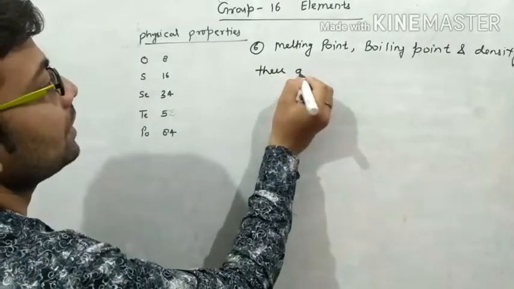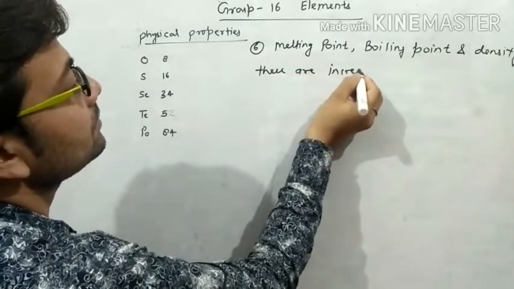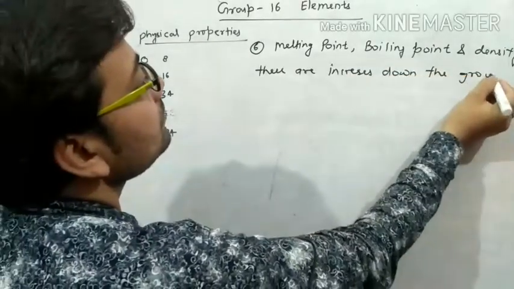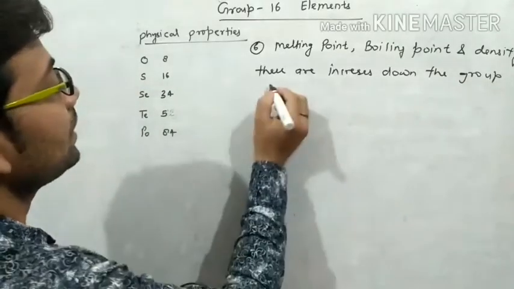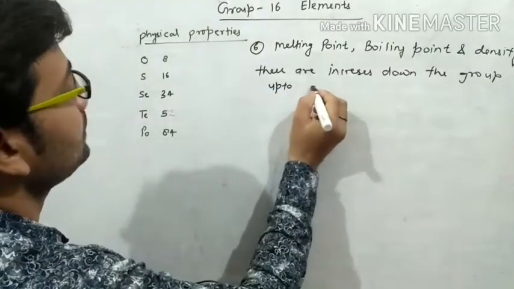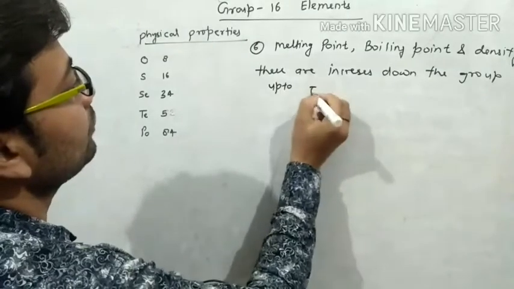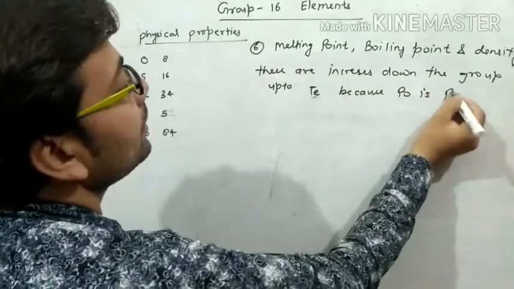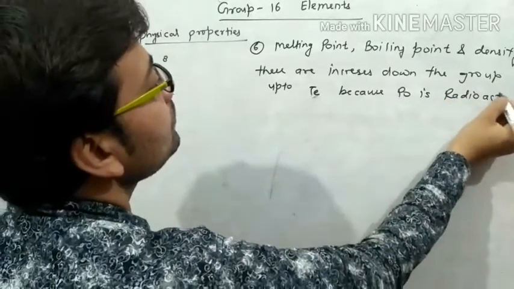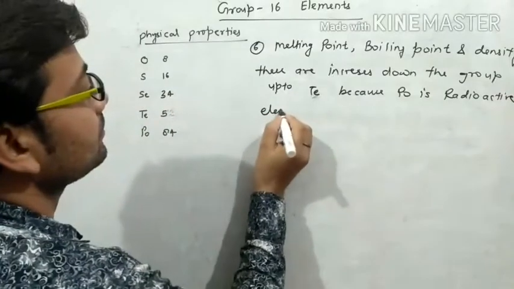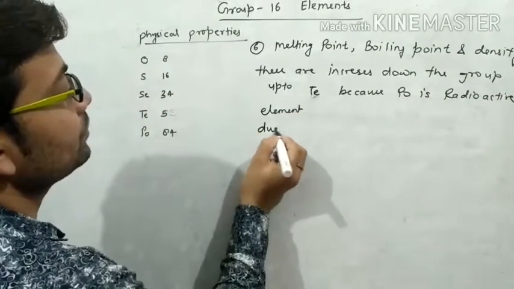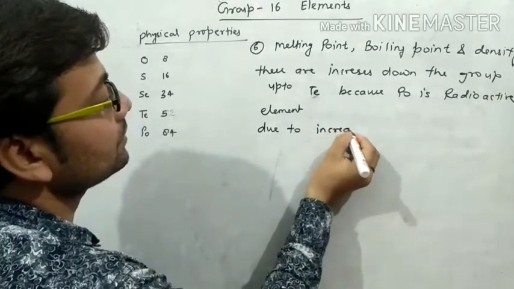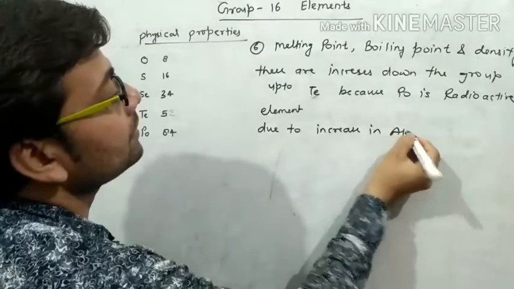These increase down the group, up to tellurium, because polonium is a radioactive element, due to increase in atomic size.